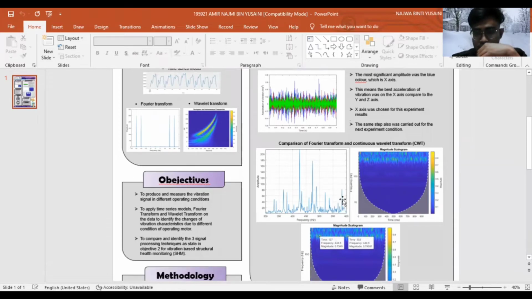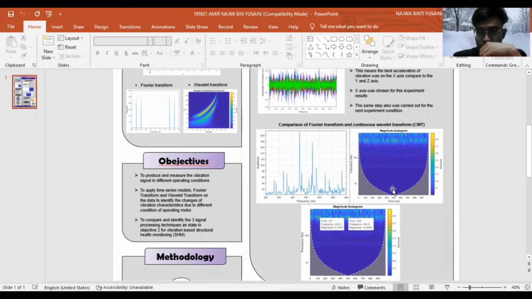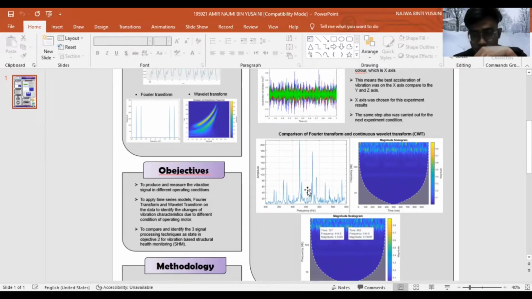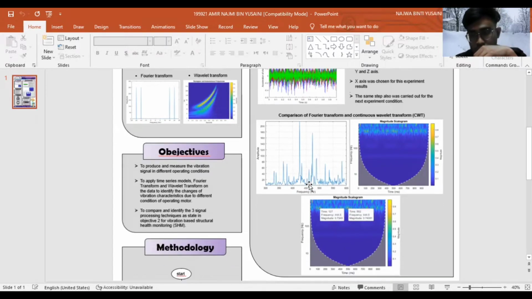So here is the result of the Fourier transform and wavelet transform. As we can see here, this is the comparison between frequency and wavelet. In the frequency plot, we can see it detects high frequency at certain areas.